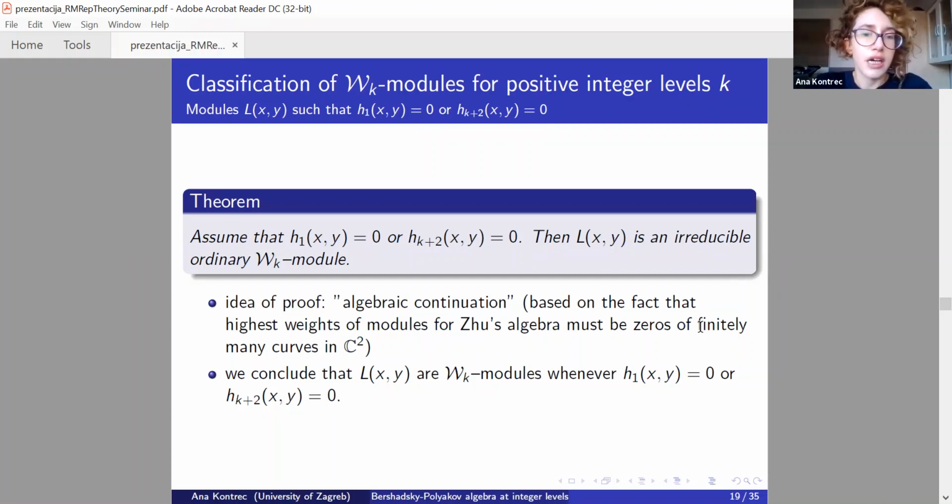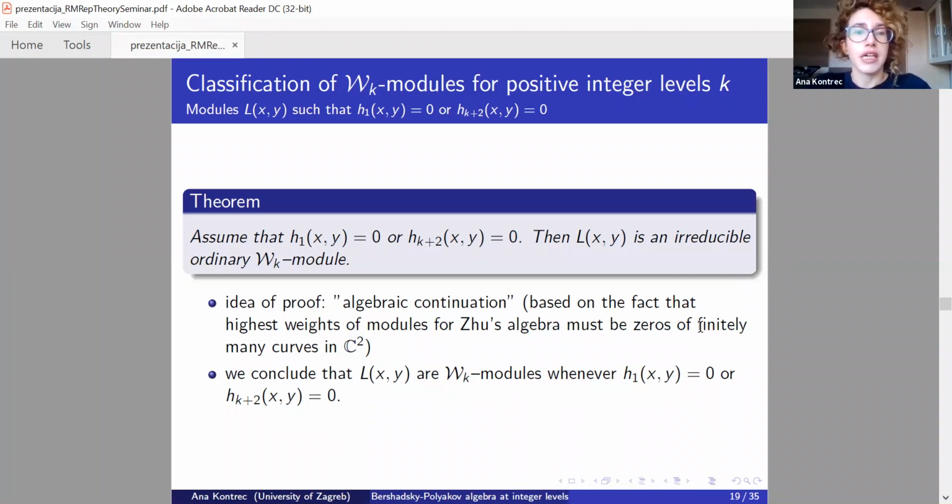Since these finitely many polynomials in one variable already have infinitely many zeros, it follows that they must be identically equal to 0.